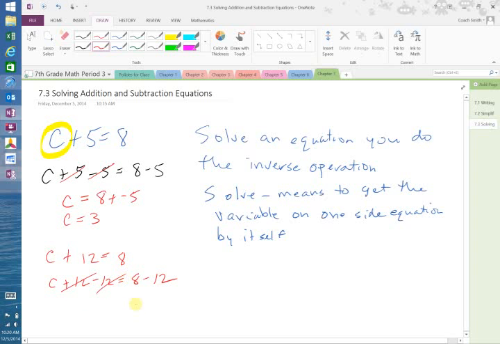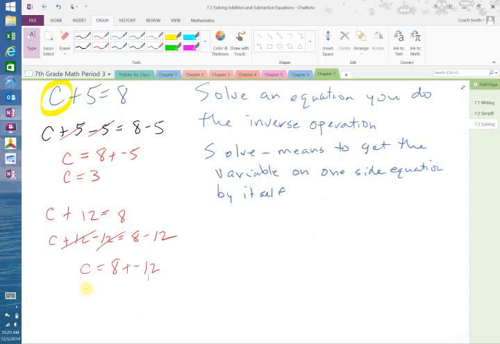This cancels, leaving me C is equal to 8 plus negative 12. Therefore, C would be equal to negative 4.